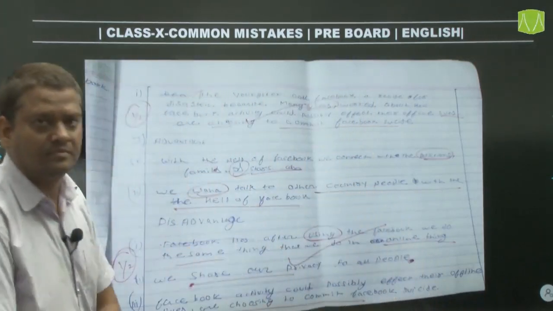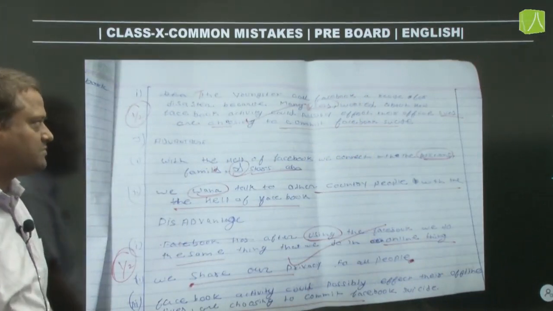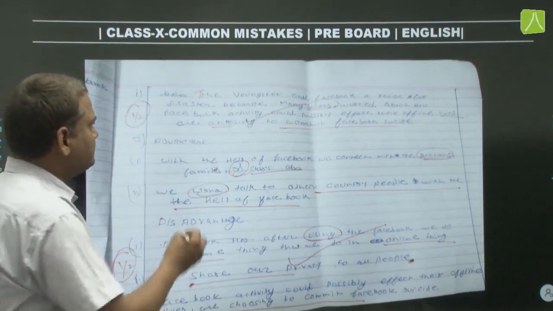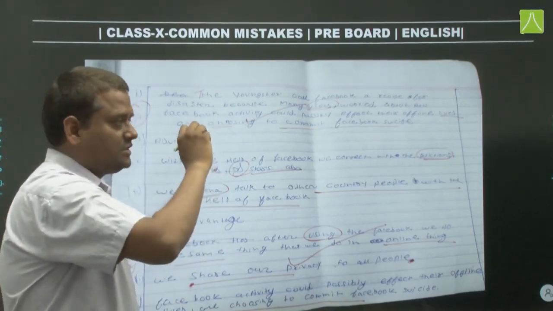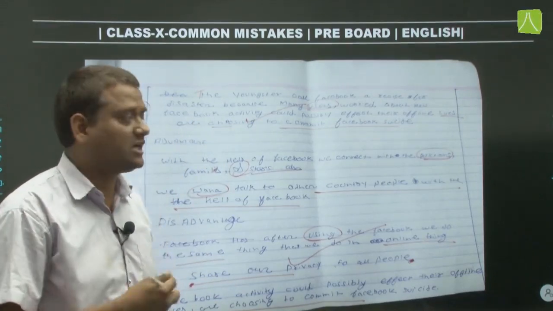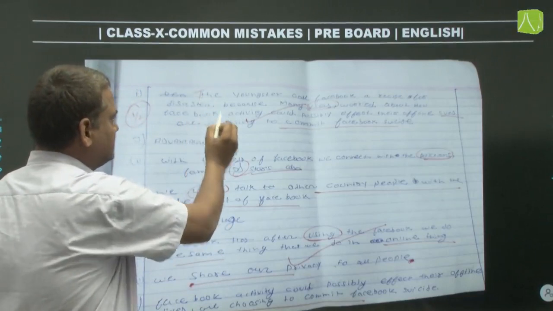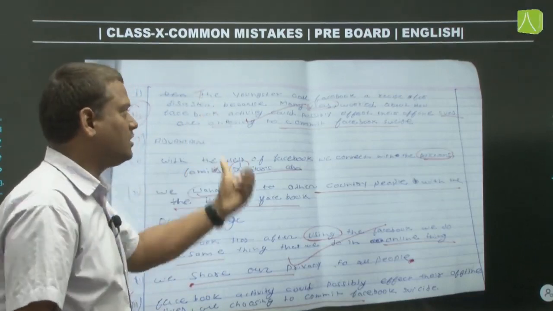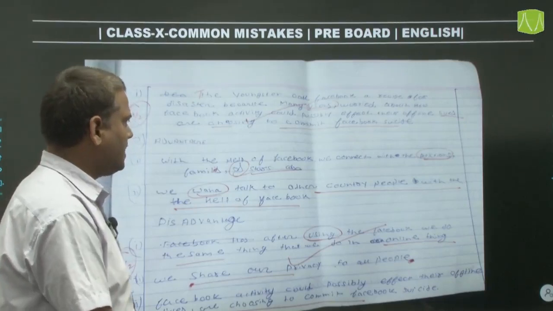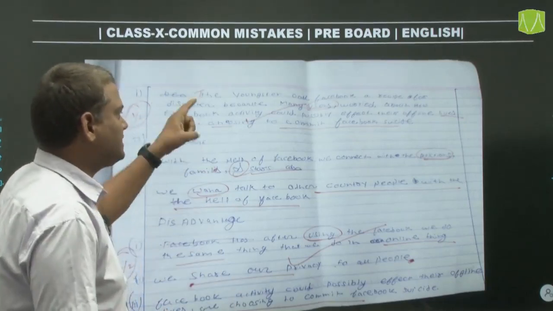Like here we have an answer sheet. Here you can see that the answer has a syntax error at the very starting point. The student has written "the", but T is small, and we know very well that we start the sentence with a capital letter.